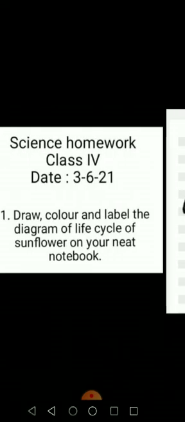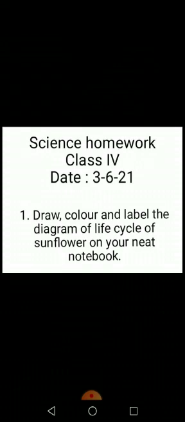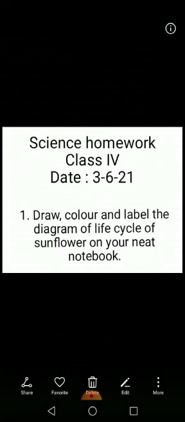Okay, now I'm going to tell you about your homework. Your homework is to draw, color, and label the diagram of the life cycle of a sunflower in your neat notebooks.